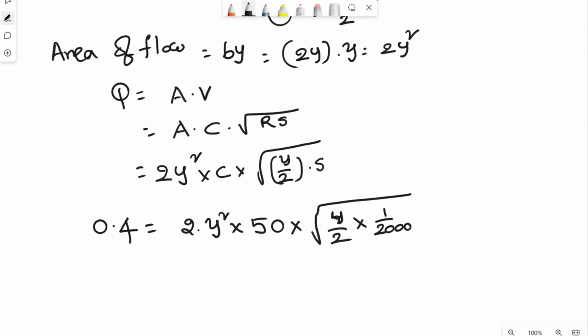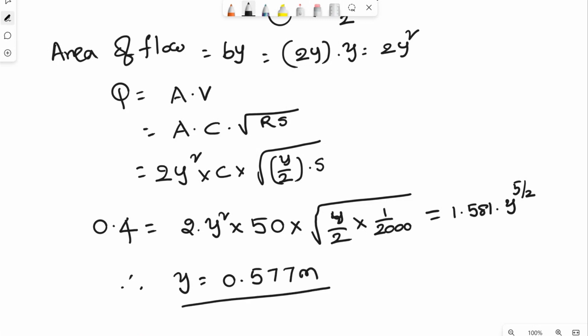If I do the total thing, because all is in y only, I am going to get 1.581 y to the power of 5 by 2. Therefore y is equal to 0.577 meters. So your major job is this only, how to calculate the y value from this.